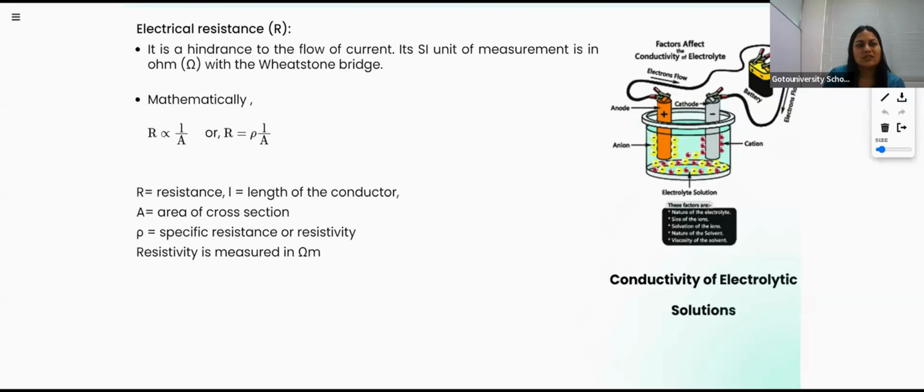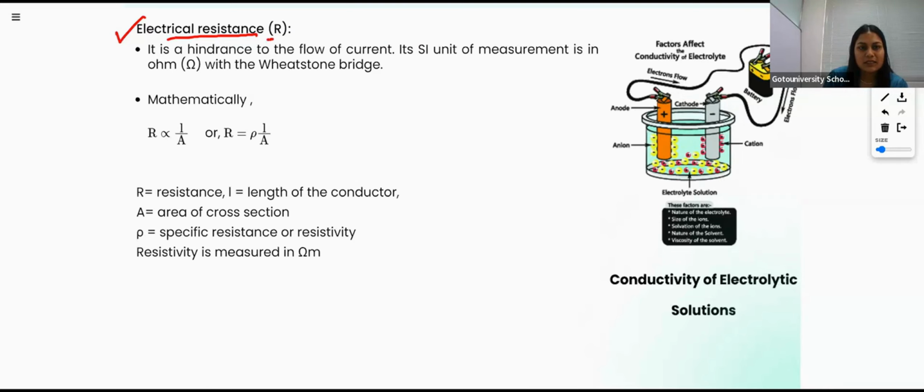In a similar way, when a current is passing through a setup, it also faces some kind of friction, and that friction is termed as electrical resistance. It is a similar force like friction, where when electricity is being conducted through a system, it experiences a certain friction, which is also known as electrical resistance.